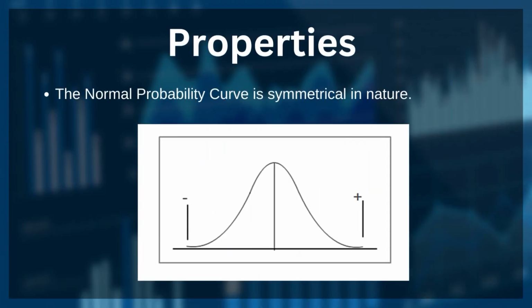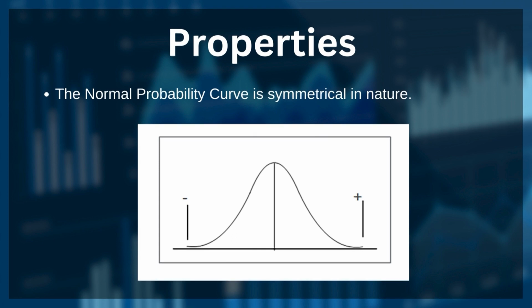Now, let us talk about the properties of normal probability curve. As you can see in the slide, the normal probability curve is symmetrical in nature, that is, it follows a particular symmetry. It is in an inverted U shape, broader at the ends and high at a peak in the middle.